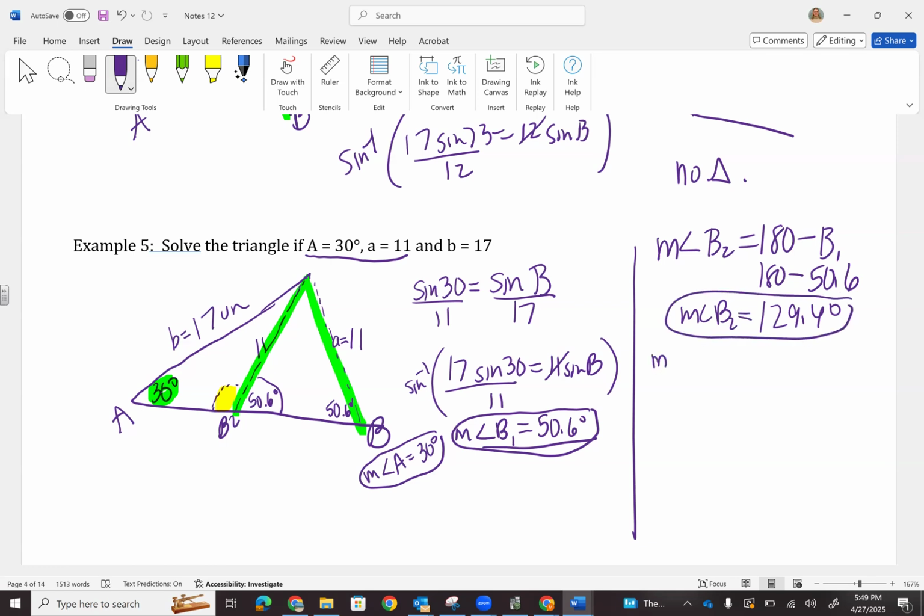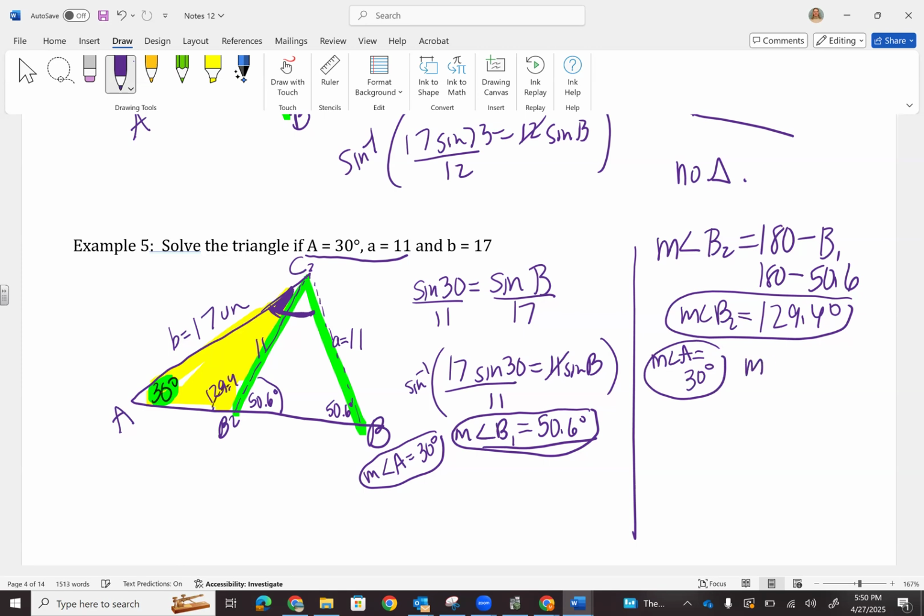Let's do measure of angle A. We're asking, is this more narrow triangle possible? You won't know until you try to find this angle up here, C2. C2 is the smaller one, and the bigger one would be C1. So the measure of angle A retains its 30-degree size.